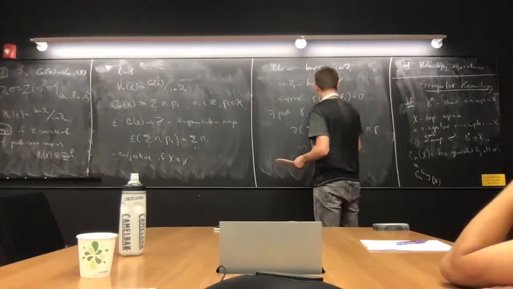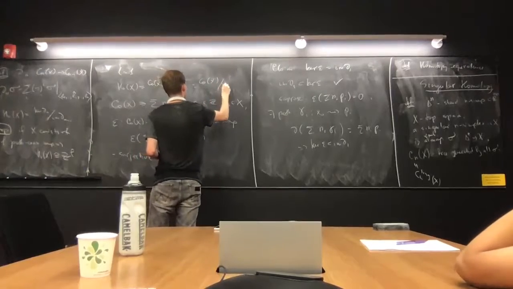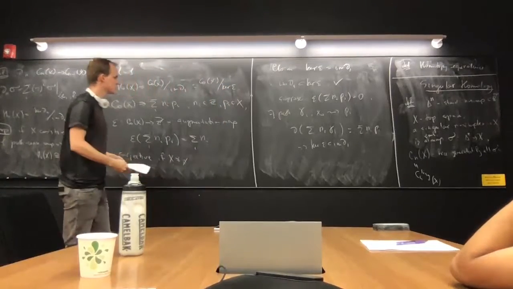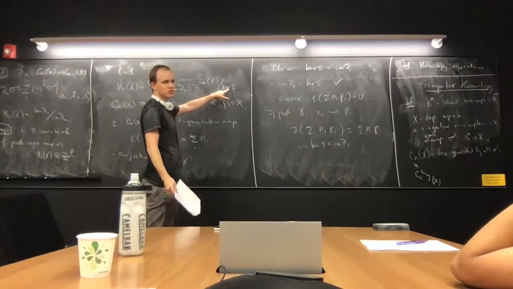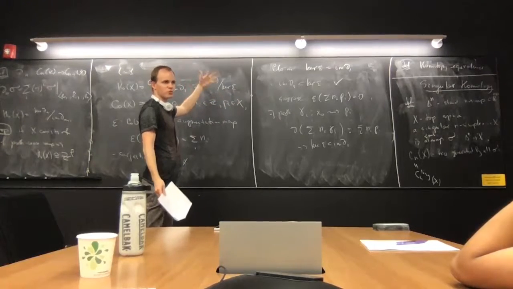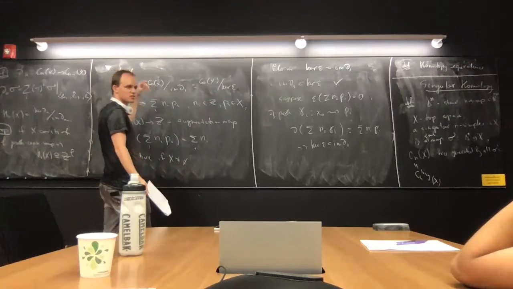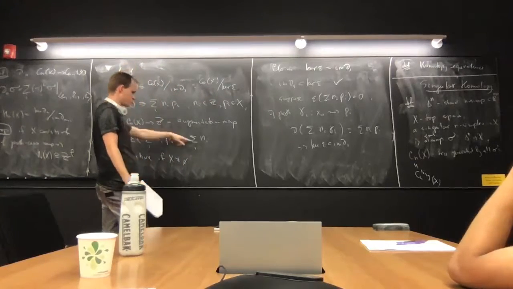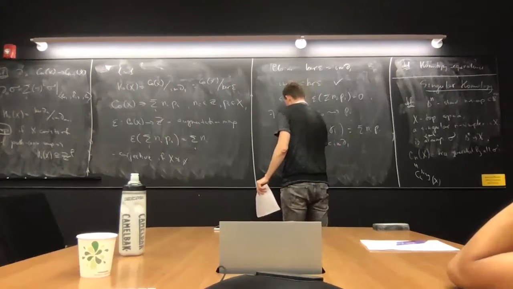So if these are the same, then this is like that. But it's obvious that the kernel of epsilon is co-rank 1 in the set of all chains, because it's just one linear constraint. So the answer is Z.